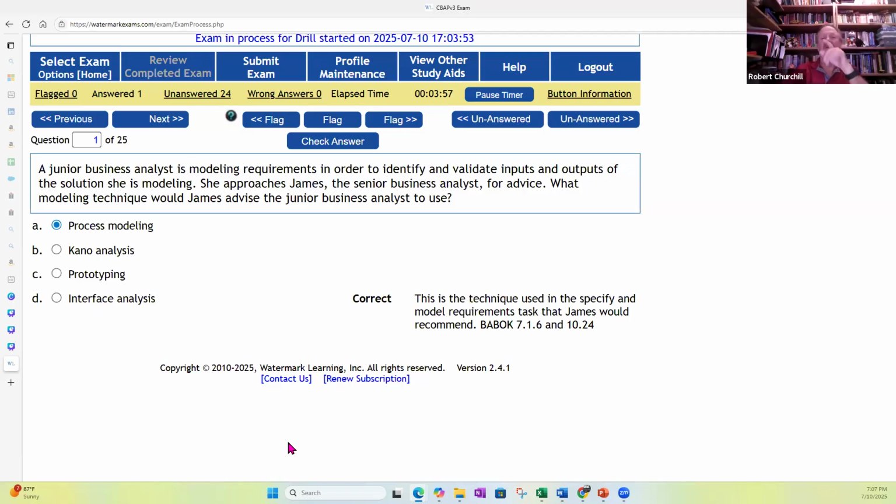I would go process modeling, but that's the definition in the BABOK. It's confusing. Process modeling and interface analysis are similar, but this one I think is really about inputs and outputs a lot more. Okay.